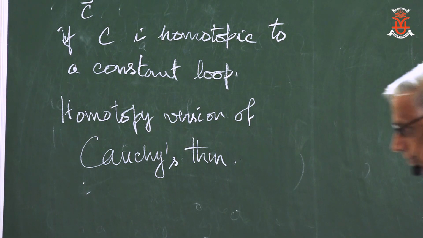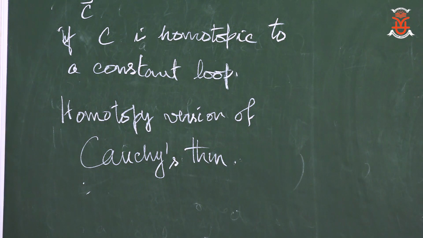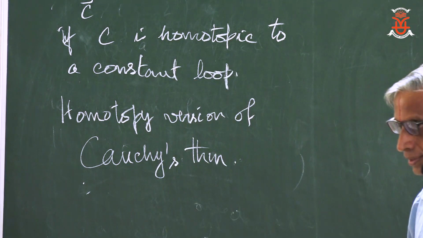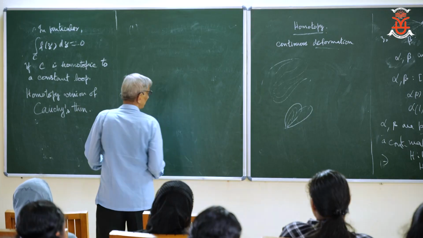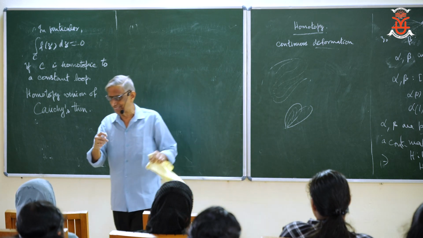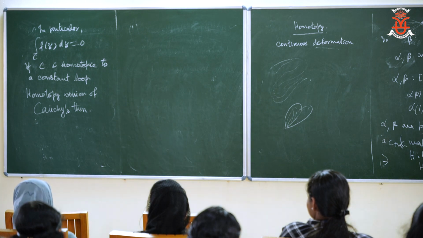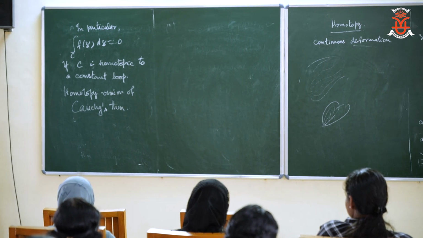Now, there are domains in which all closed curves are homotopic to constants, like the disk or the whole plane, right? The easiest way to see that, of course, geometrically it's fine, but you can just write down the straight line homotopy. If you have even two paths, you don't have to consider even loops, right?